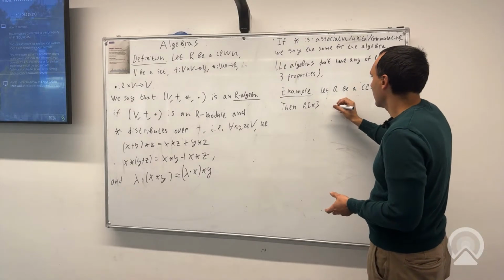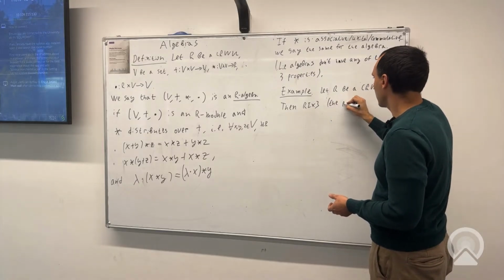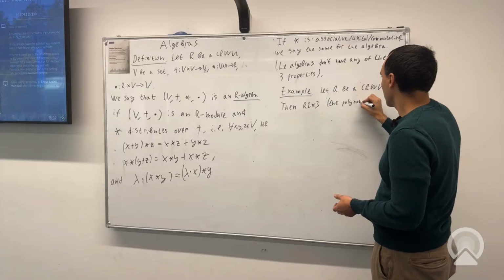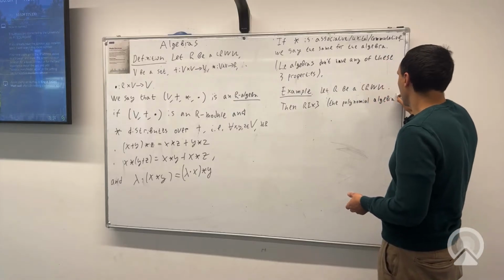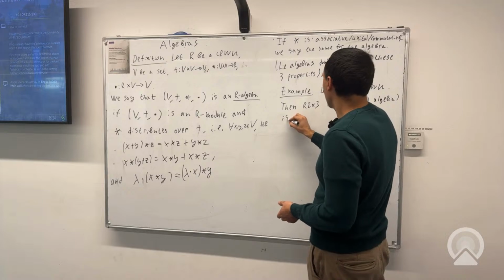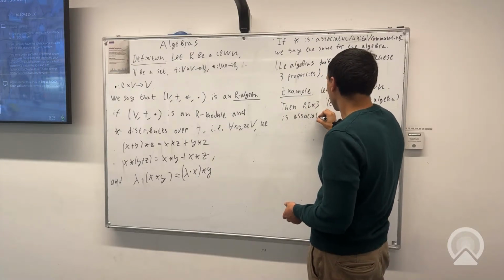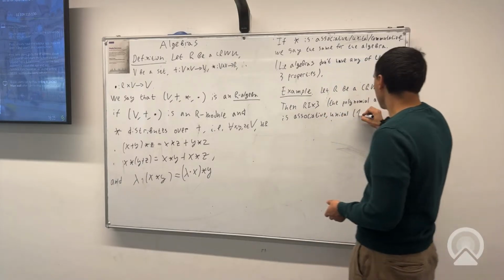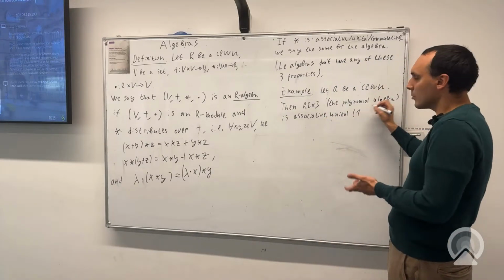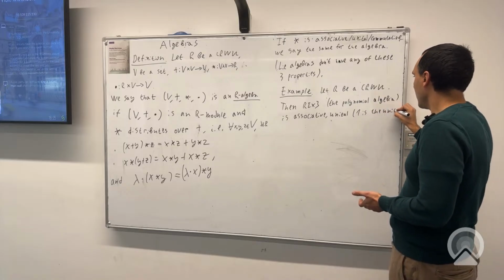R[x], the polynomial algebra, is associative, unito, so one is the unit. The constant polynomial one is the unit, as usual, and commutative.